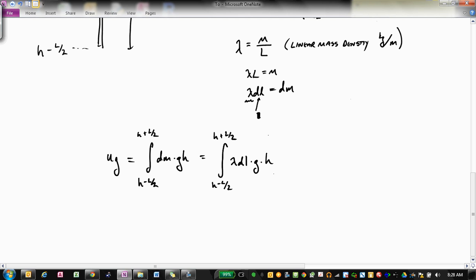Or we can think of this h really as the coordinate that we're going to integrate over. So I'm going to substitute that with an L here, because these two are the variables that are changing as we think about adding those things up across the length of this bar.